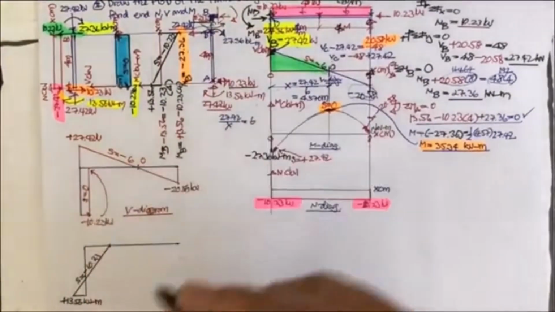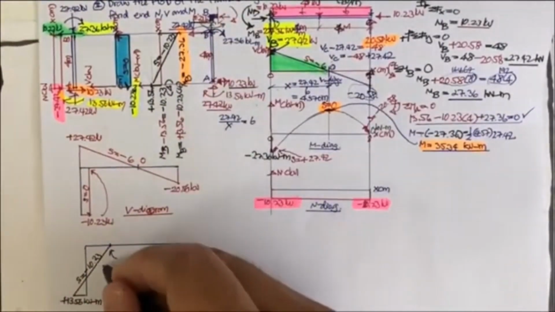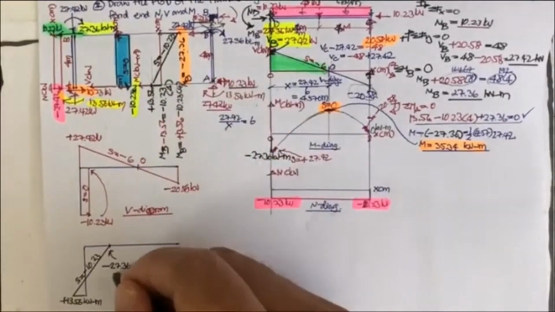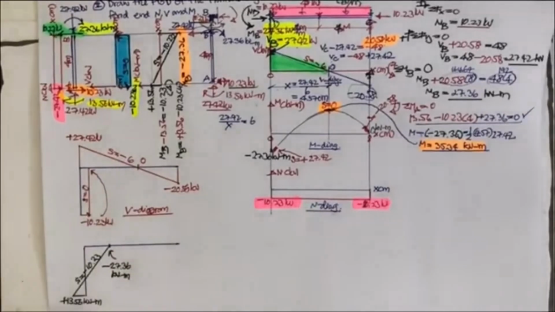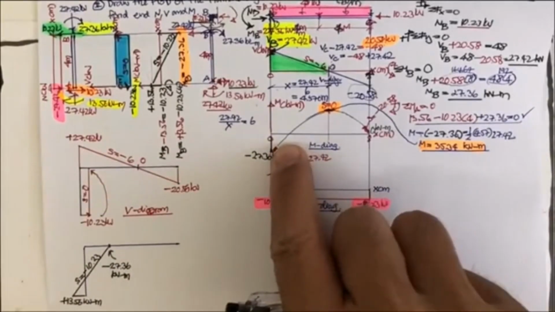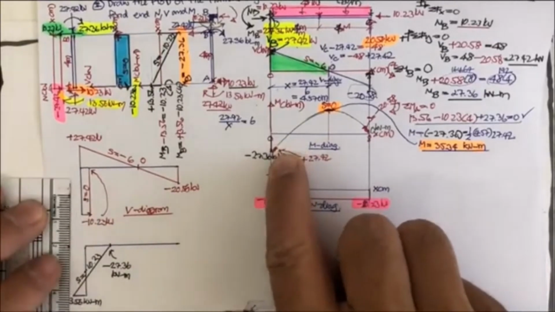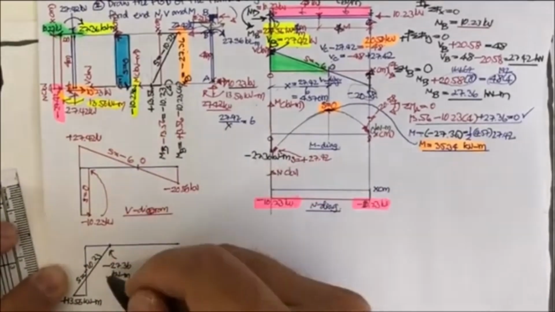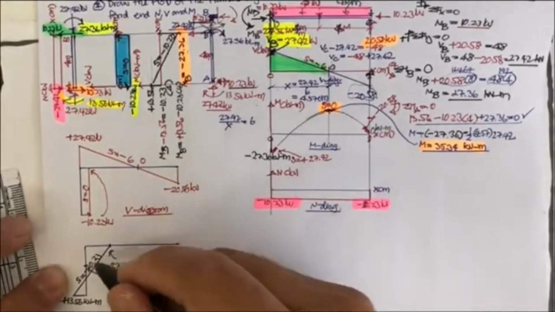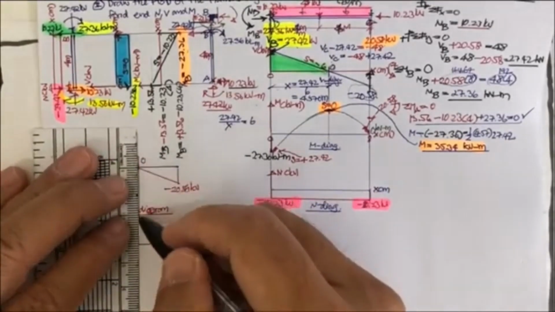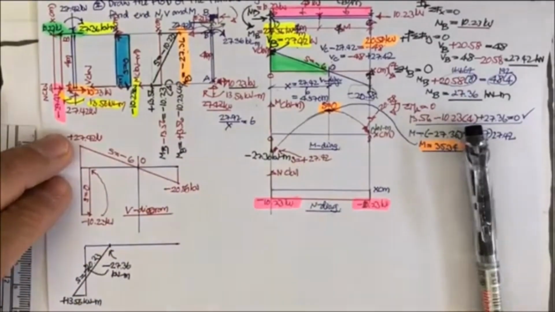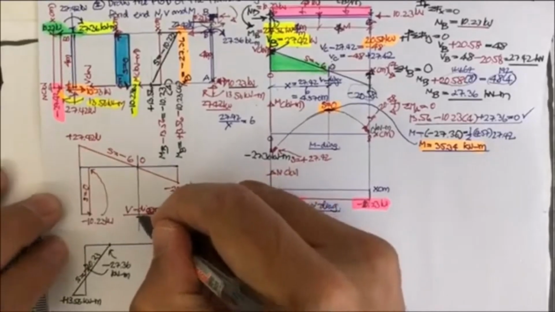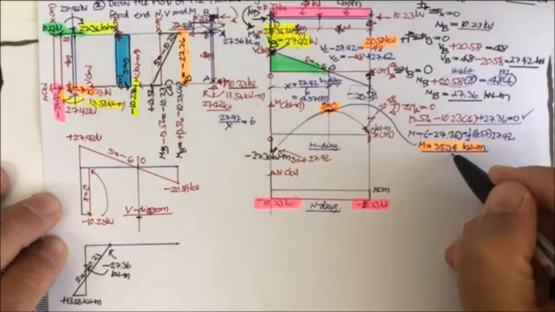And the value here is what? Minus 27.36 kilonewton meter. Then come here. This one also has minus 27.36. That is going to be about this, and you may point this one, and the graph is going to be up to about here, which is 35.34.